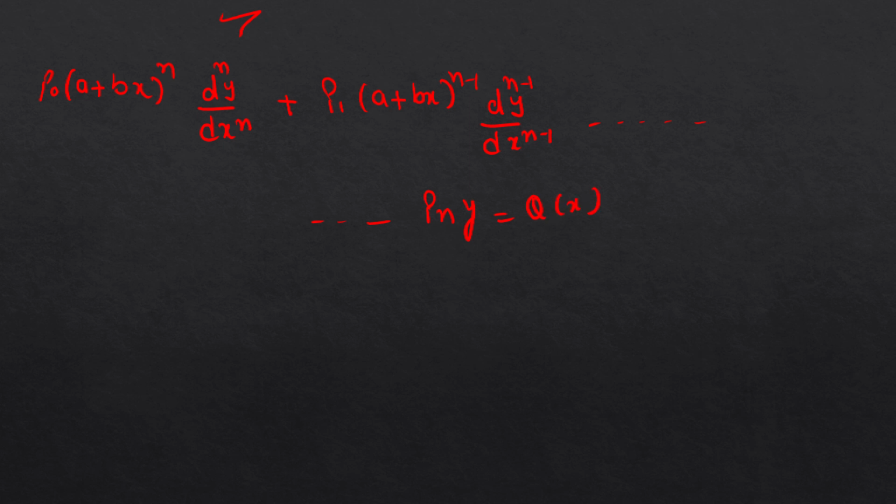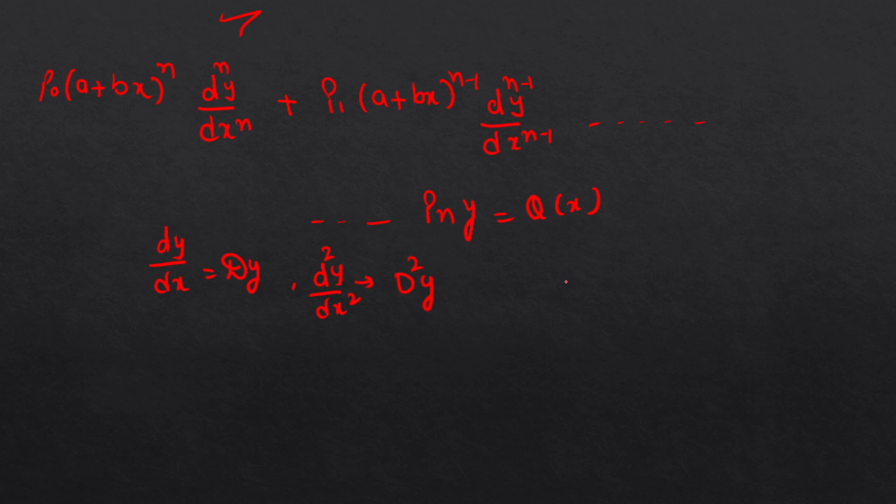First of all, I would like to write down this equation in symbolic form. So what is in symbolic form? We know that dy by dx can be written as D y, and d square y by dx square as D square y.